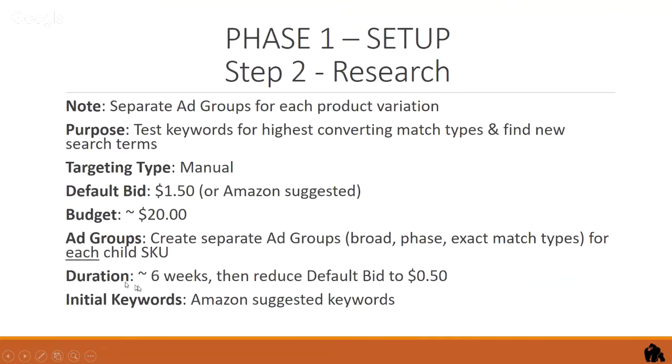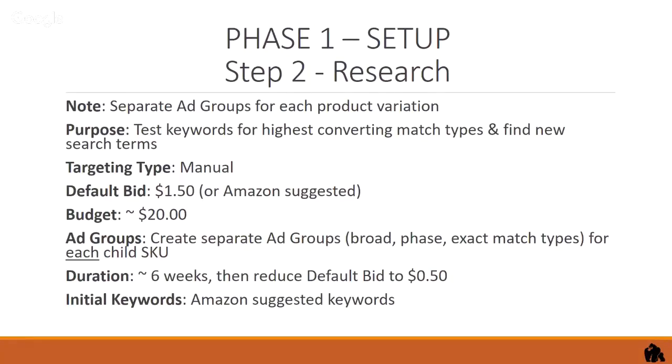So the duration for this is around 6 weeks, and then you reduce the default bid down to 50 cents. At the moment we're suggested at $1.50. After the 6 weeks, you drop that down to 50 cents. Now, initial keywords. We've talked about how to find keywords, and about various keyword software and tools to help you discover keywords for your products.